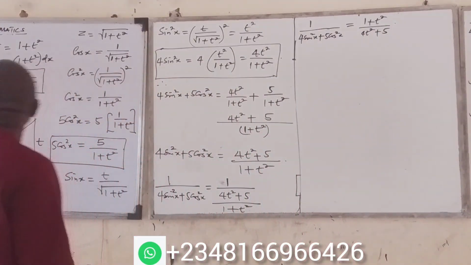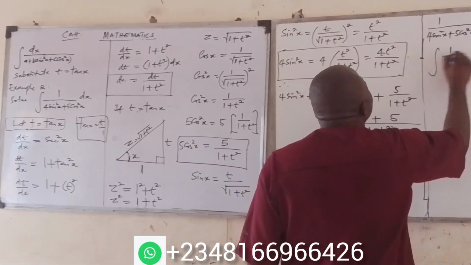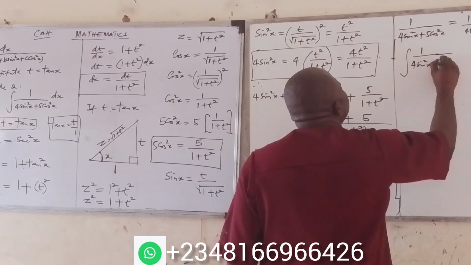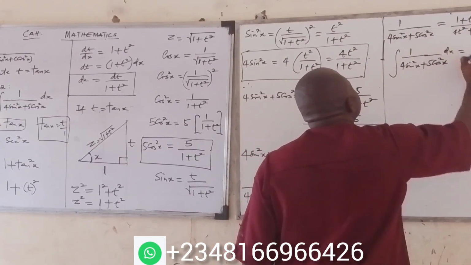So now the integral of the whole of this, integral 1 all over 4 sine square x plus 5 cos square x dx will be equal to integral.